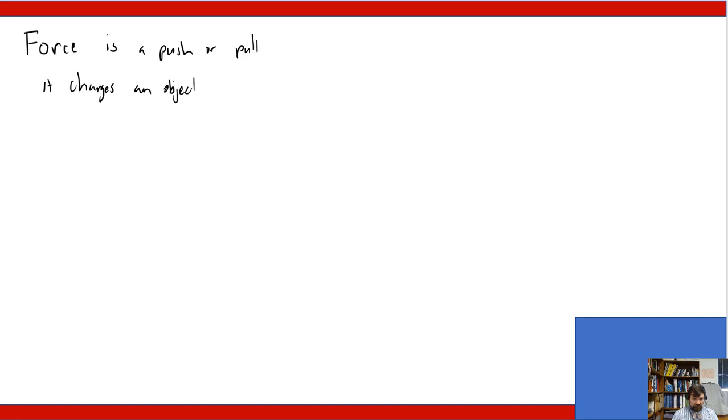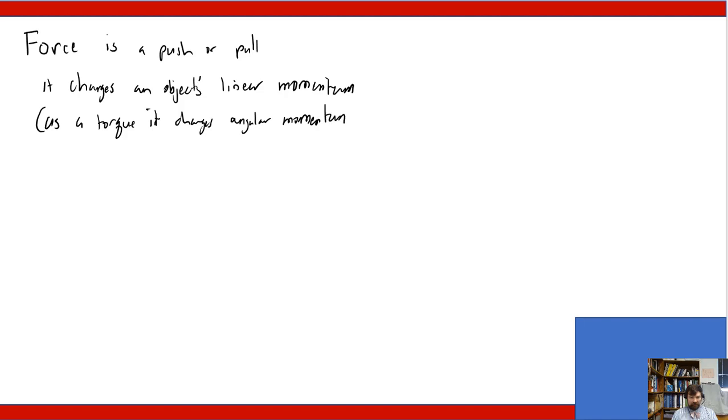And if it is just simply a force, it changes an object's linear momentum, and if it is acting as a torque, so as a torque, it changes the object's angular momentum. Now, as a torque, we will leave off today for the purposes of this review.